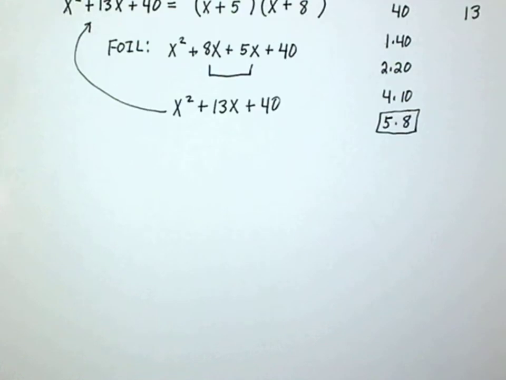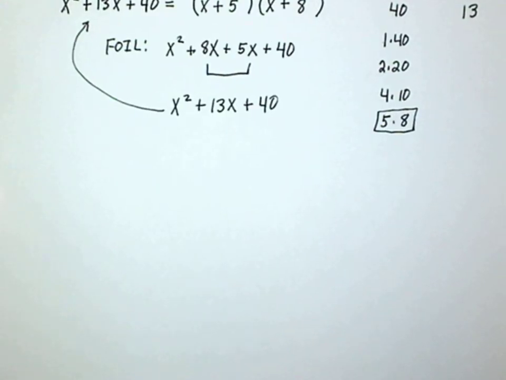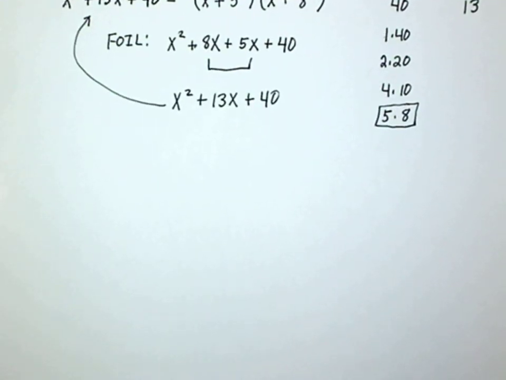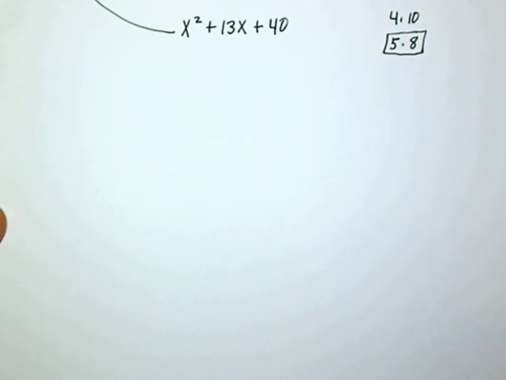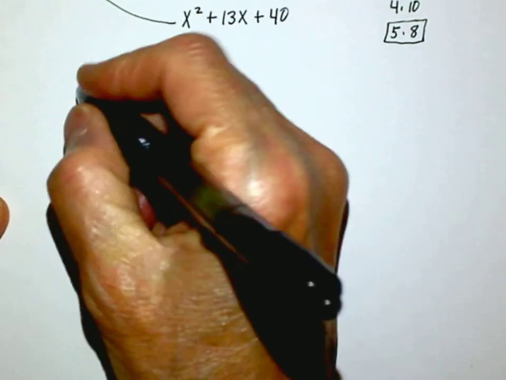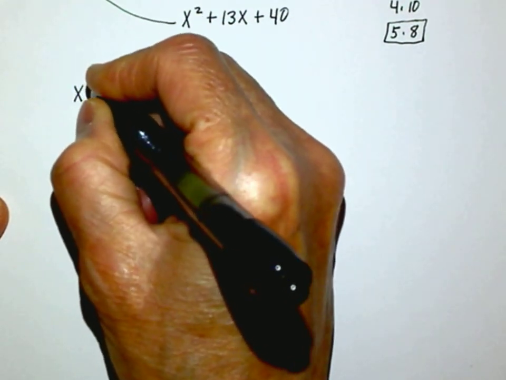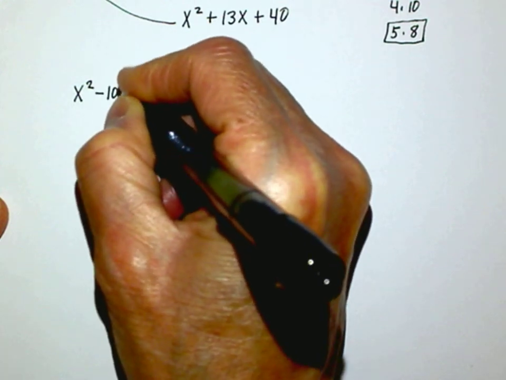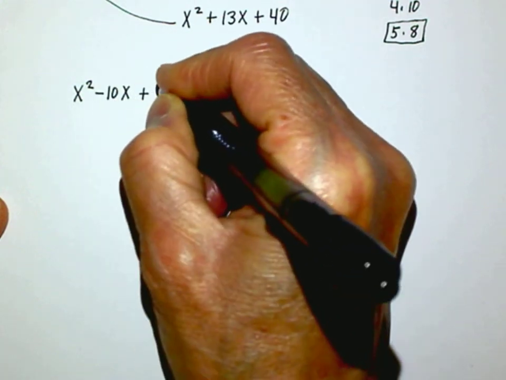Let's try another example. This time, let's try a trinomial that has a negative sign thrown in there. X squared minus 10x plus 21.